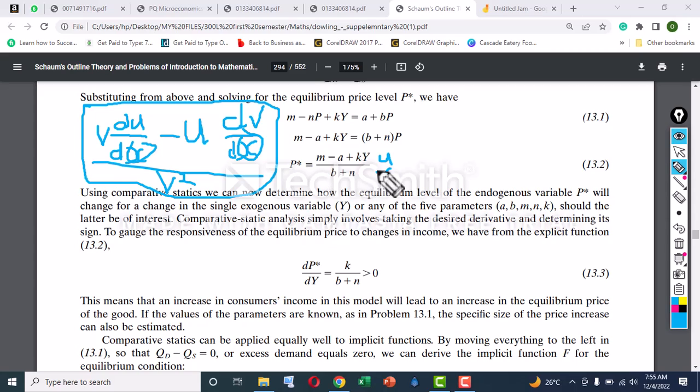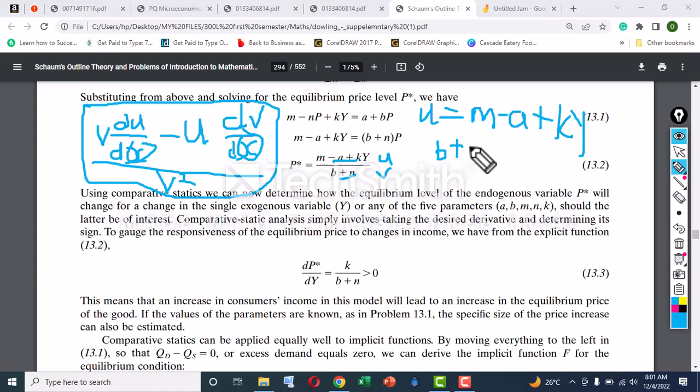So here now we have u. Our u is equal to m minus a plus ky. That's our u. So these are u, these are v. So in v du dx, the v is b plus n.